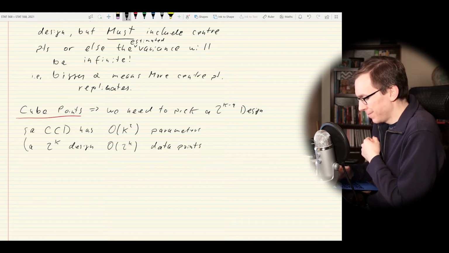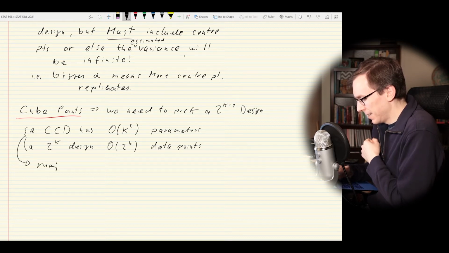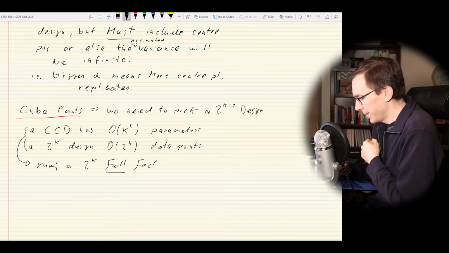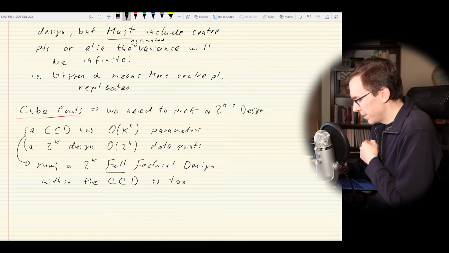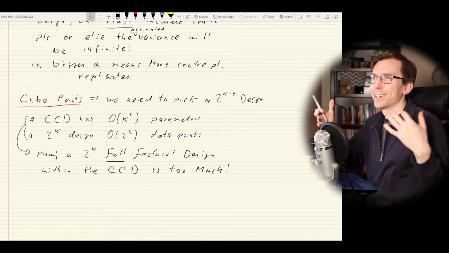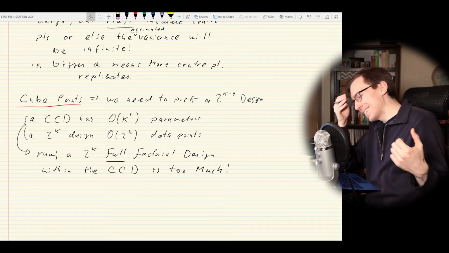So the conclusion is that running a 2 to the k full factorial design within the central composite design, CCD, is too much. That's the qualitative hand-wavy way to say it.